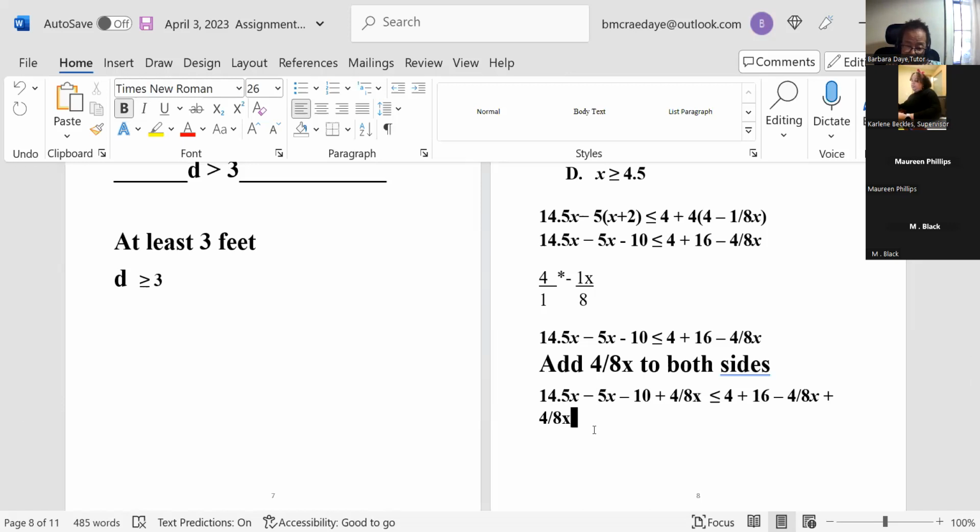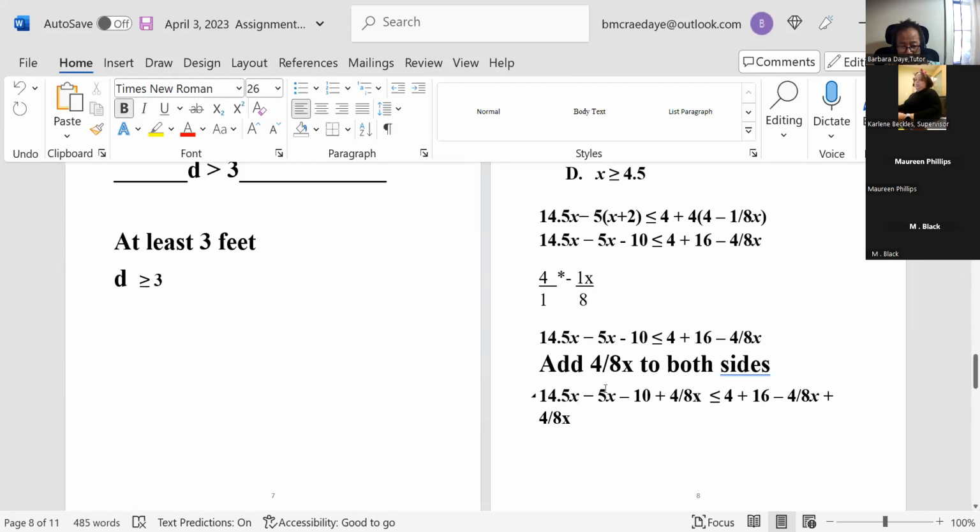That's a minus, right? So do that one first. What do you get? 14.5 minus 5 is 0? Just do this one.